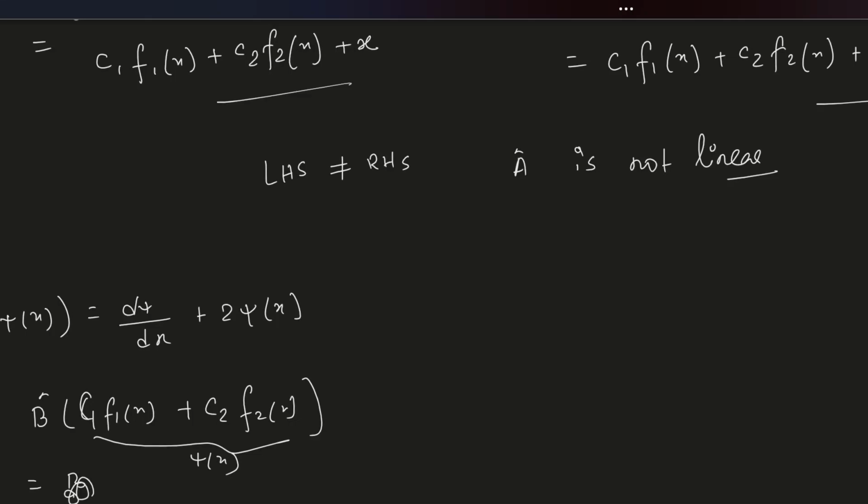Similarly, the RHS is B cap acting on C1 f1(x) plus C2 f2(x) separately, that is C1 B cap acting on f1(x) plus C2 B cap acting on f2(x).